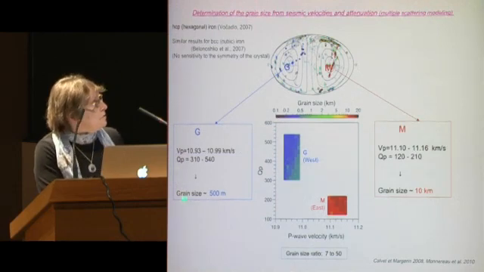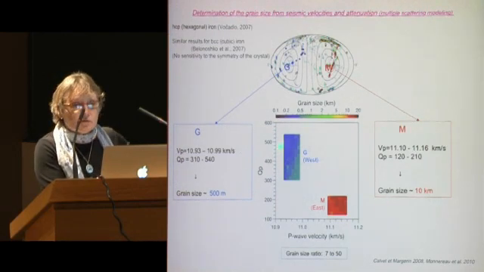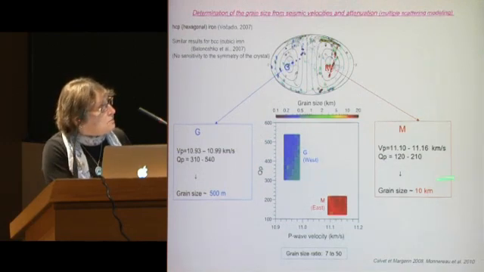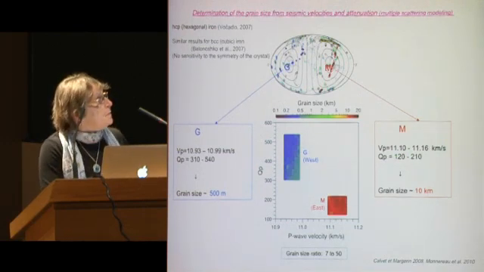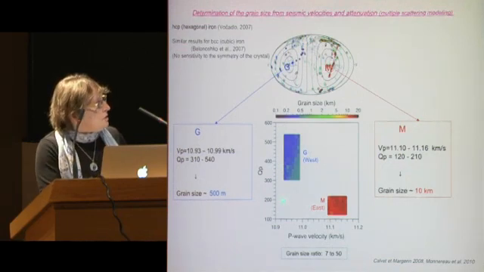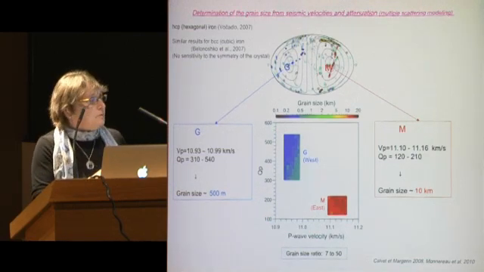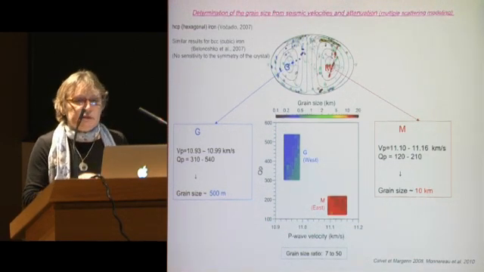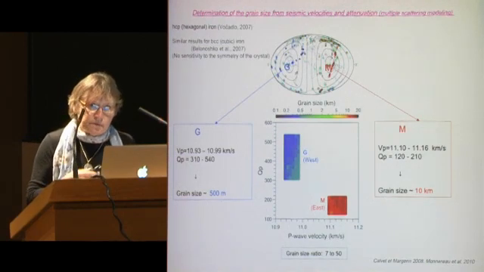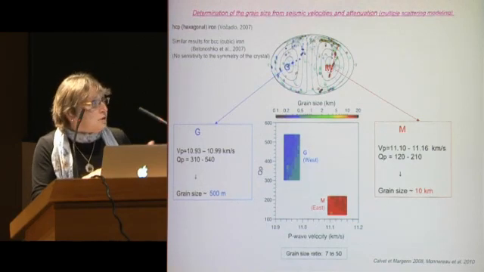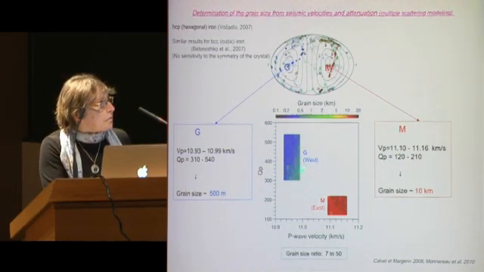We have these values which were given by the previous analysis from VP and QP. And if we plot the P velocity, VP and QP, here I give the results of many simulations, and all the results we have obtained are here.